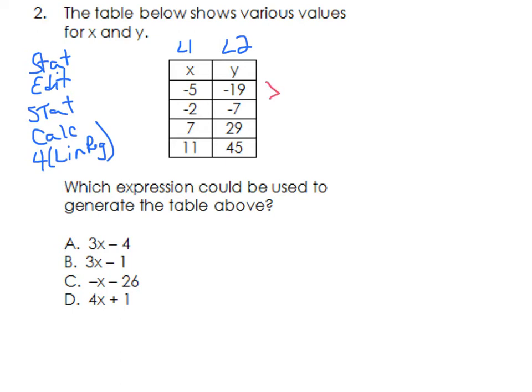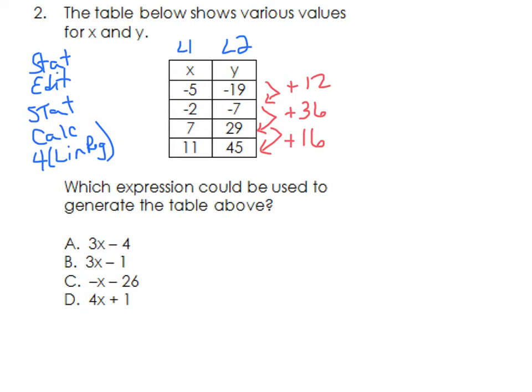So what we need to do is figure out what our y is changing by, and then we'll figure out what our x is changing by. So -19 to -7, it's increasing by 12. -7 to +29, this time we're going up by 36, and then 29 to 45, we're going up by 16.